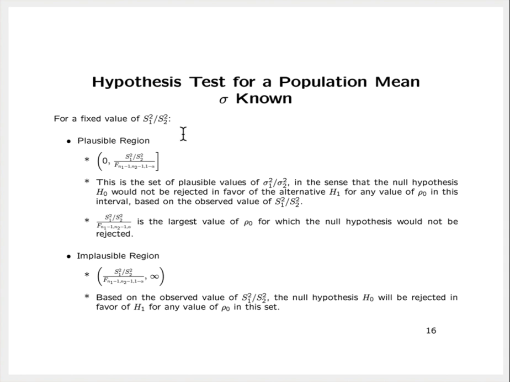You can see here the interval that gives the plausible region, and the complement of that set would be the implausible region. Based on the observed value of the ratio of the sample variances, the null hypothesis will be rejected in favor of the alternative for any value of rho sub 0 in that particular set.